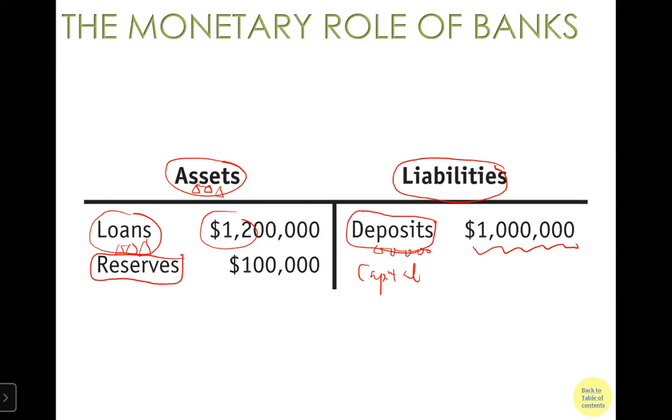A reserve is a fraction of the deposit the bank must set aside. The bank must put it in their account at the central bank. And this reserve is designed to avoid a bank run.